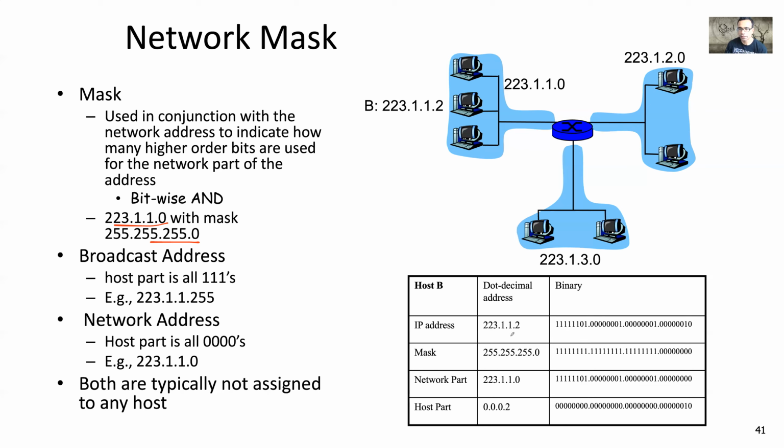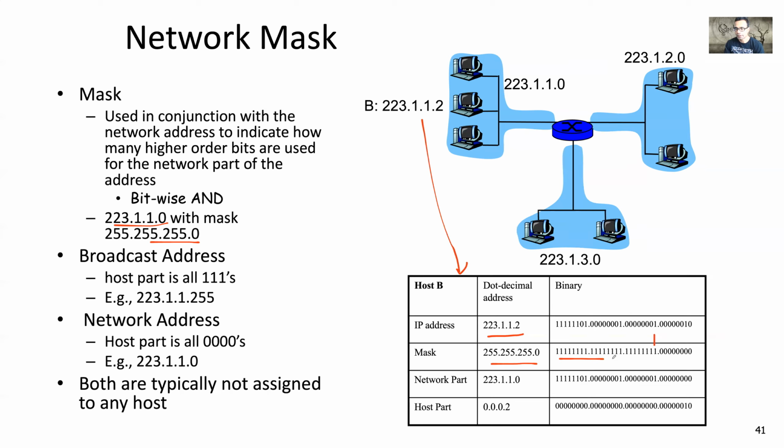So let's look at this concrete example. This refers to host B, right? Let's say this host B has been given that address. It has been told this is the mask for the entire subnet that it belongs to. So what this device can do is convert all of this to binary, like you see here, and then do a bitwise multiplication of these two, right?